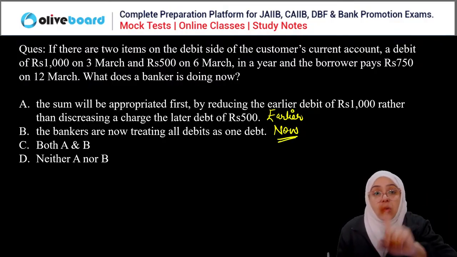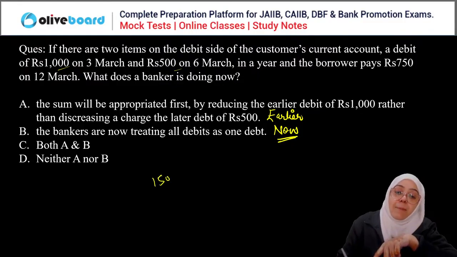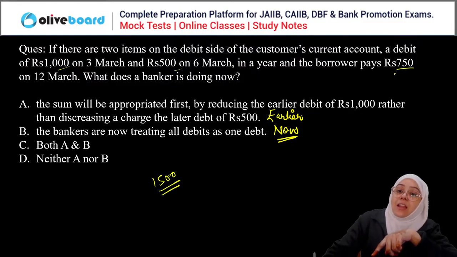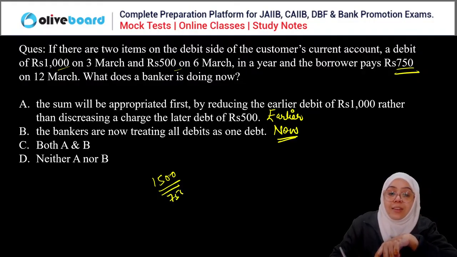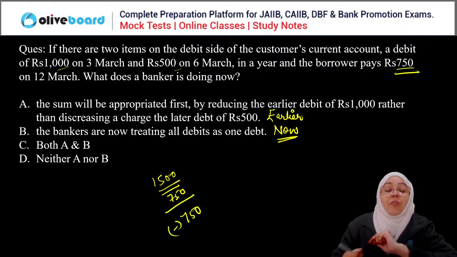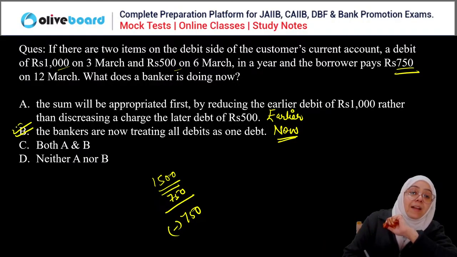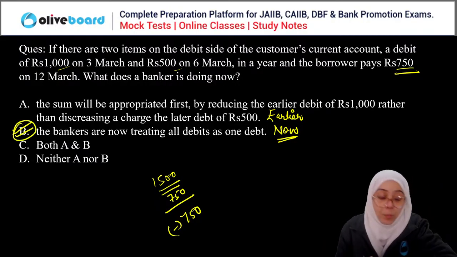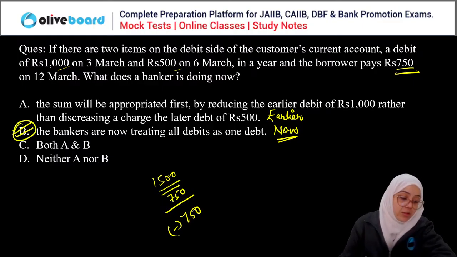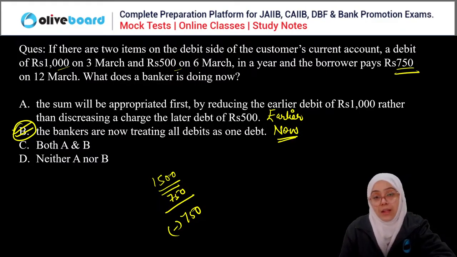All the debits are treated as one debit. Like this 1500, they are treated as one debit, meaning 1500, and the credit of 750 is adjusted toward this complete 1500 debit. Now the balance is 750 in the debit. That is what the banker is following right now. So B is the correct answer. Right? Right, everyone? Yes, B is the correct answer.